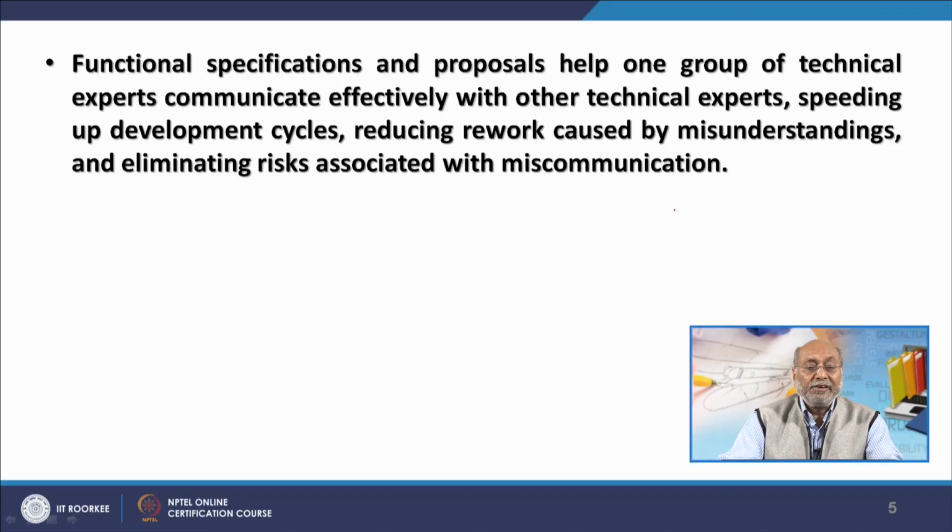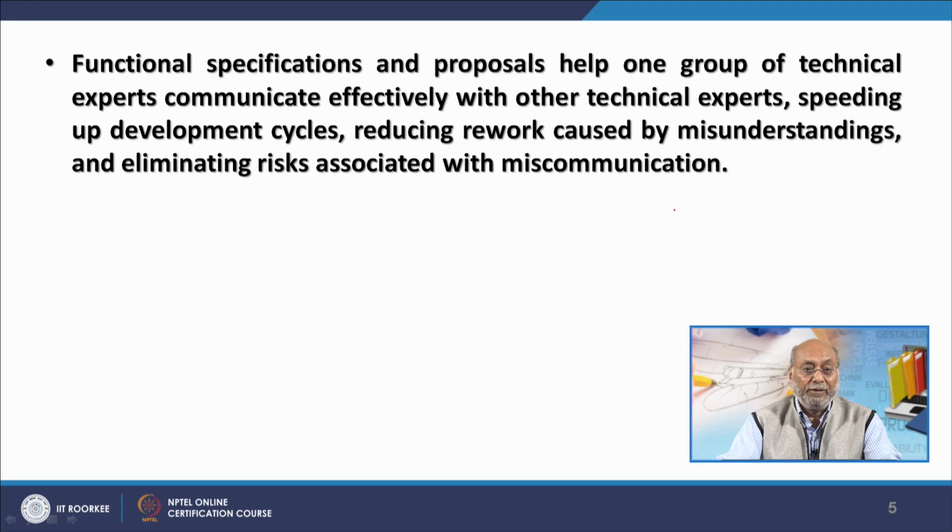Now there are different specializations, which are functional specializations. Proposals help one group of technical experts communicate effectively with other technical experts. So again, if you have that kind of skill, you can communicate very well. Speeding up development cycles: better communication will definitely help to develop things, whatever the end is, even if you are developing a product or doing good research.